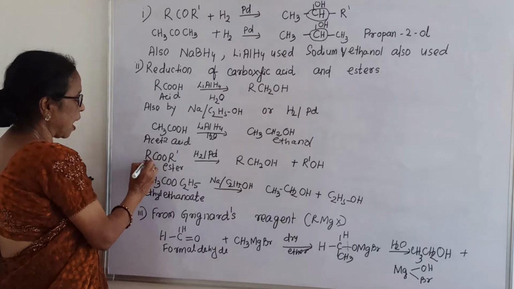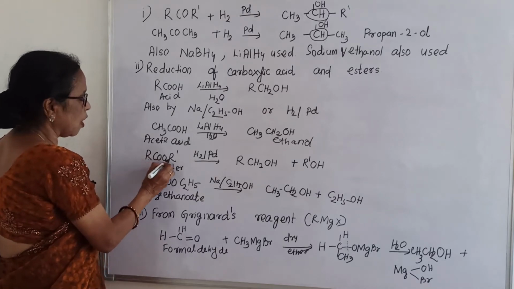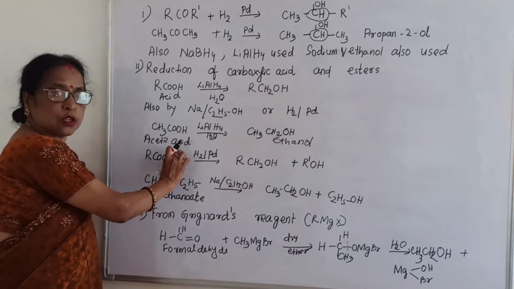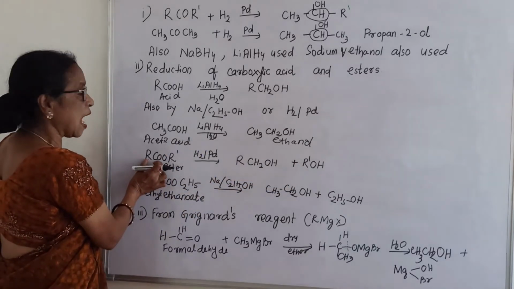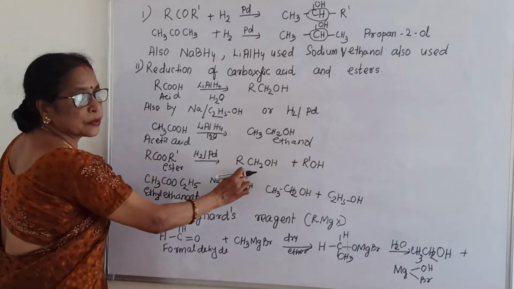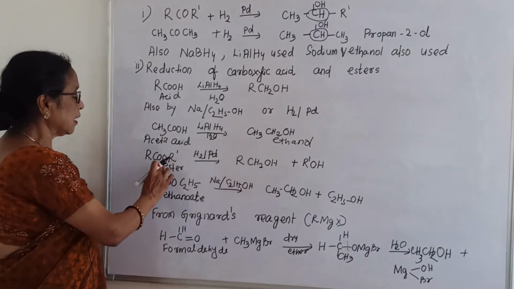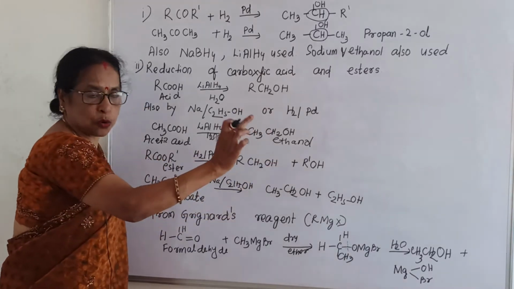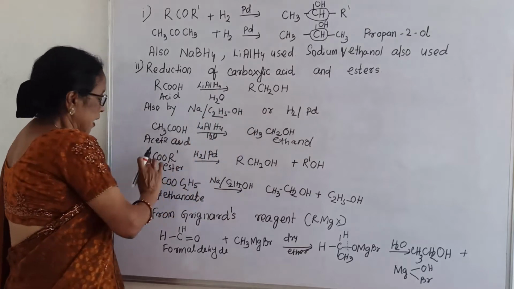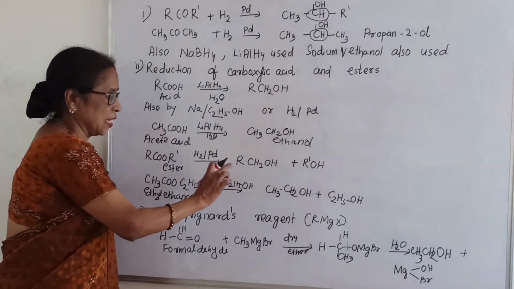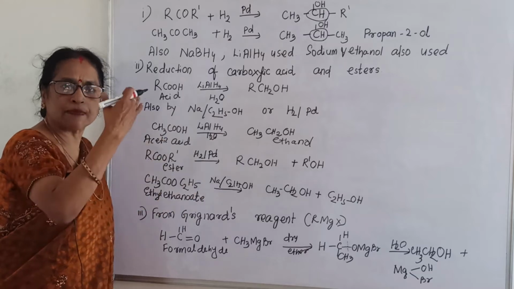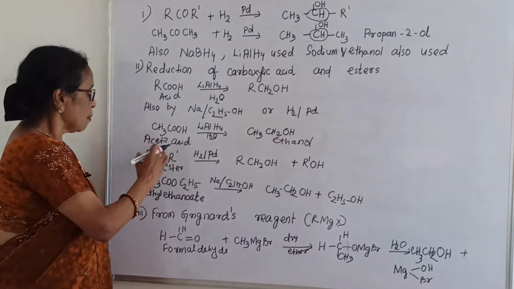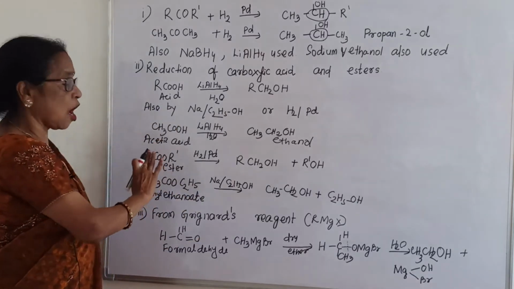See, this R' part gives one type of alcohol, and this RCO part also gives one type of alcohol. That is R'OH, that is one alcohol, and RCH2OH, that is another type of alcohol. That means there are two types of alcohols produced by the reduction of ester.